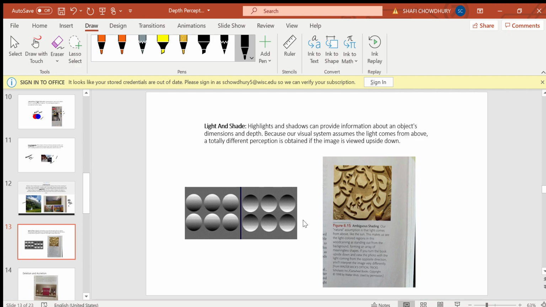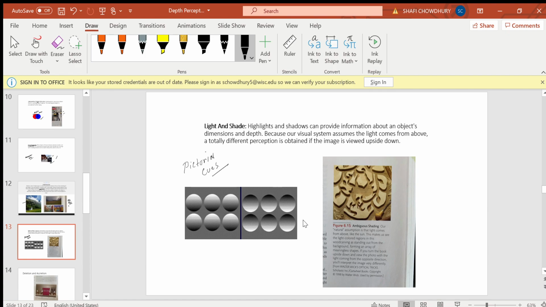Shadowing. Shadowing is an important clue, and all these clues are not only called monocular cues or retinal cues, they are also called pictorial cues.